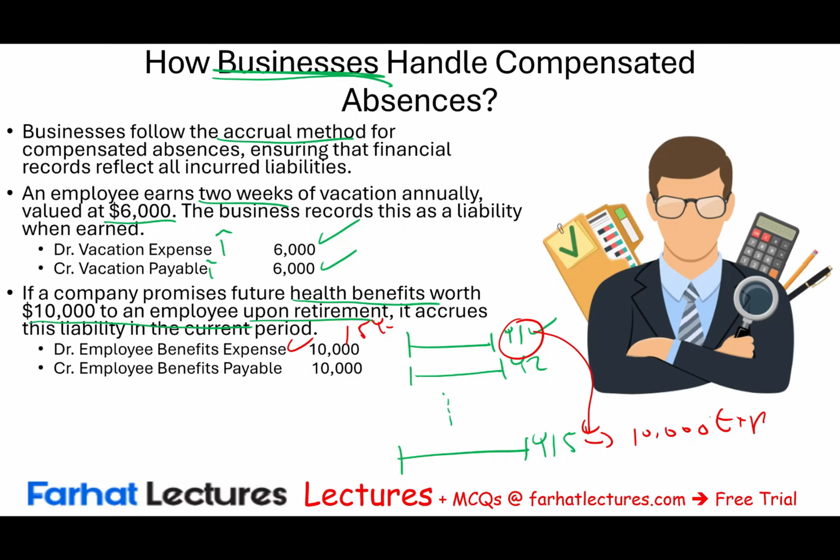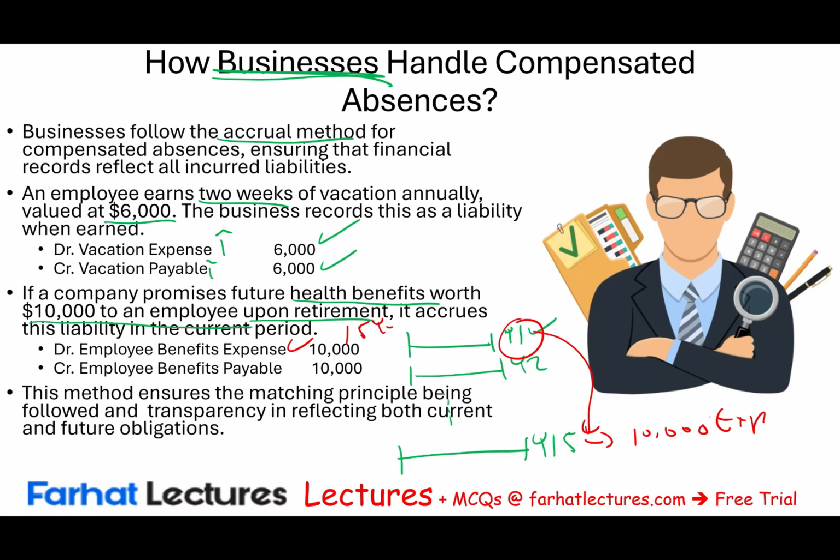They have to record the expense and they have to record the liability because they have to accrue it because the employee did perform their service. And this method ensures the matching principle is followed because you work in year one, therefore the 10K expense will have to be recorded in year one, and the 10K liability would reflect the future liability in year 15. This is how businesses do things.